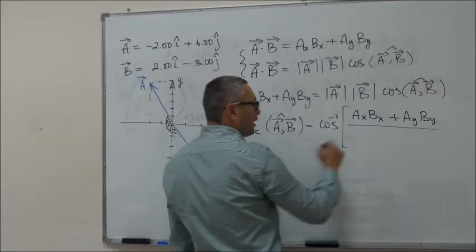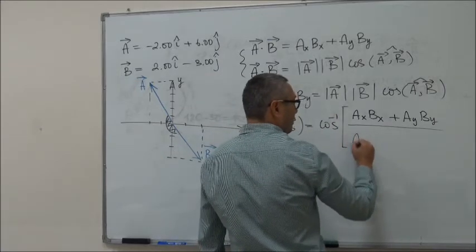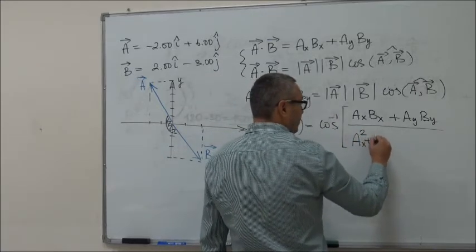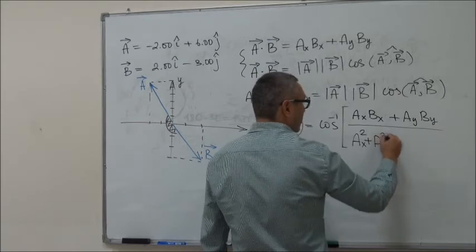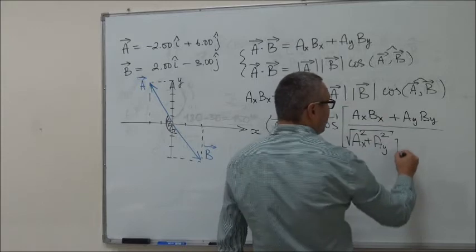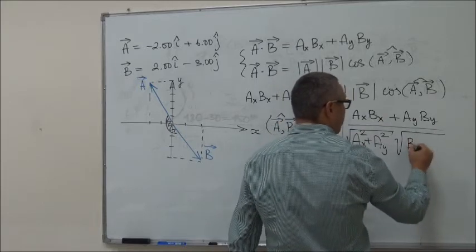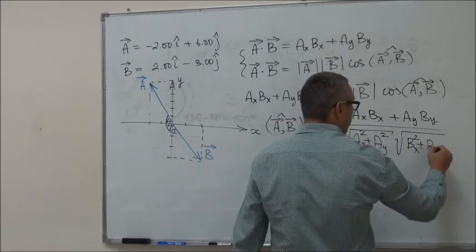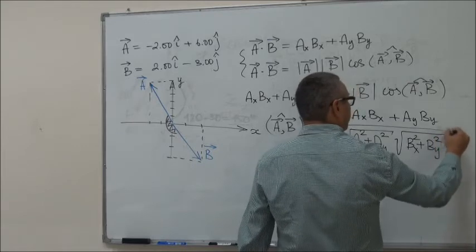Now the magnitude of A from the Pythagorean theorem is the square root of AX squared plus AY squared, and the same thing for B. So it's the square root of BX squared plus BY squared.